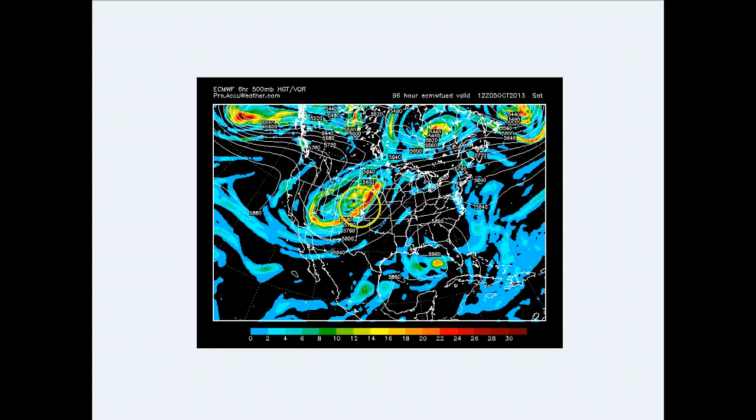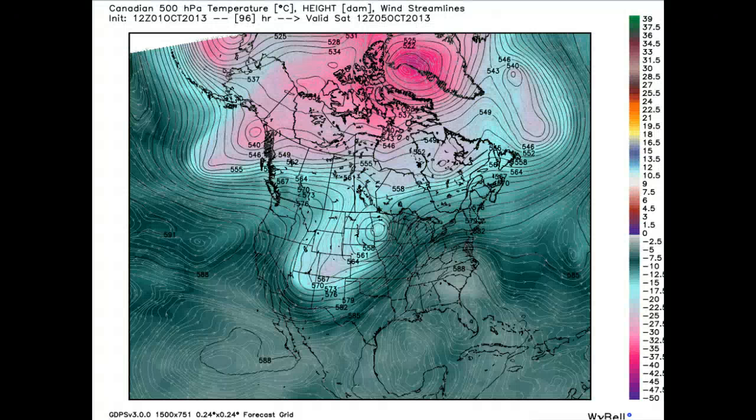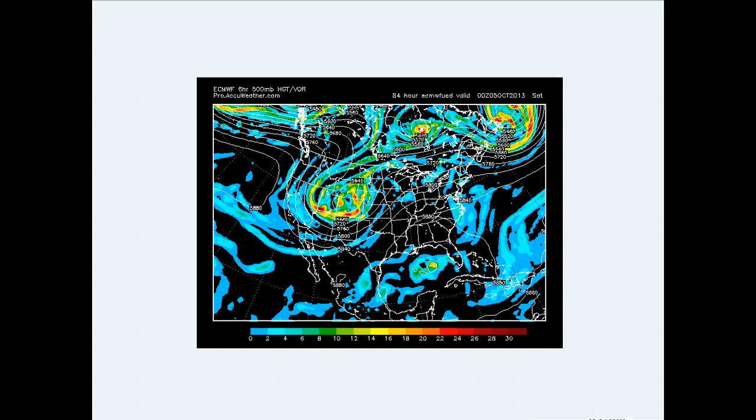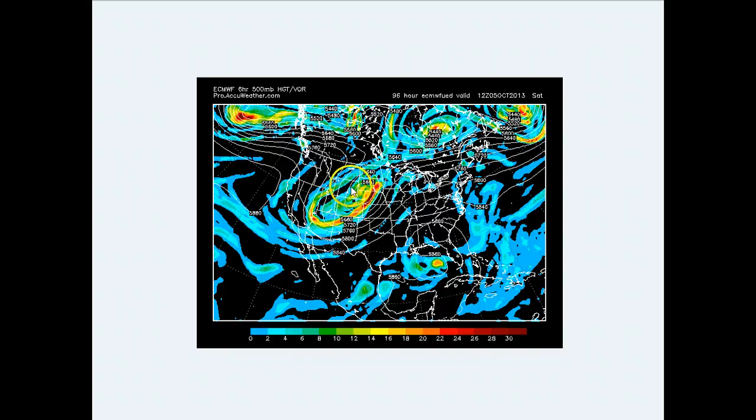At 12Z Saturday, the main upper level low is over western Nebraska, western North Dakota, whereas you look at the other models, here's the Canadian, the first feature's all the way into Minnesota already, and that's the same story with the GFS, a little bit further south than the GFS. But the European is really holding things back, and that tends to be a bit of a bias of the European. It tends to hold the energy back too much in the west, and it's really holding back the southern branch energy here. So the European I'm a little bit skeptical of as far as that goes.